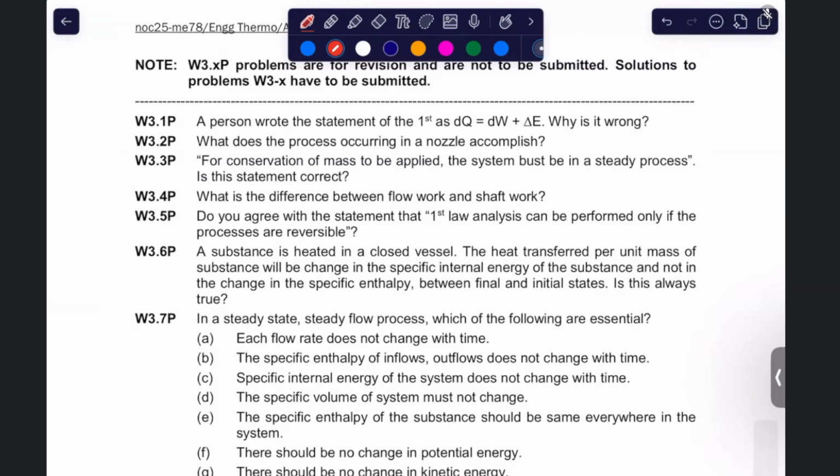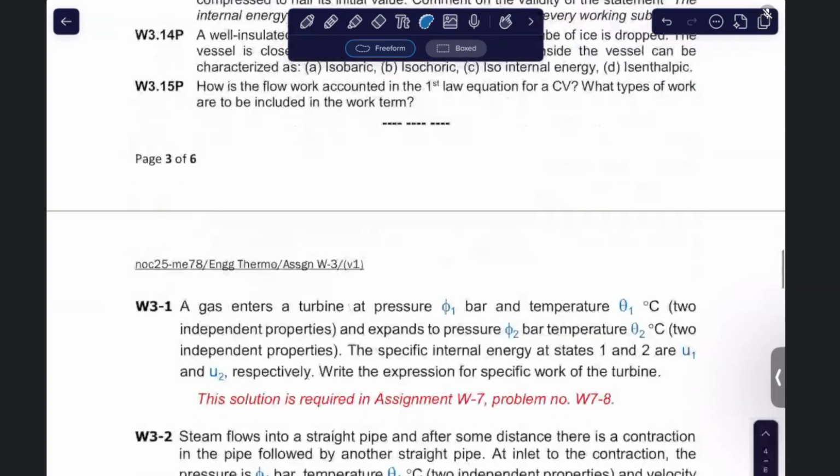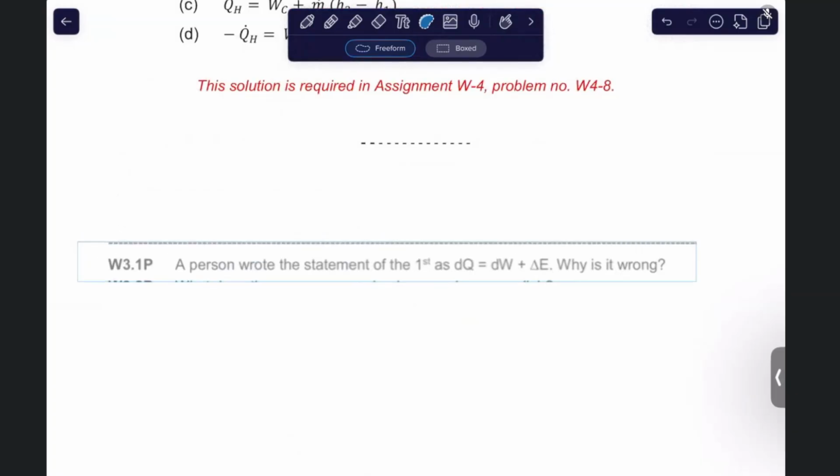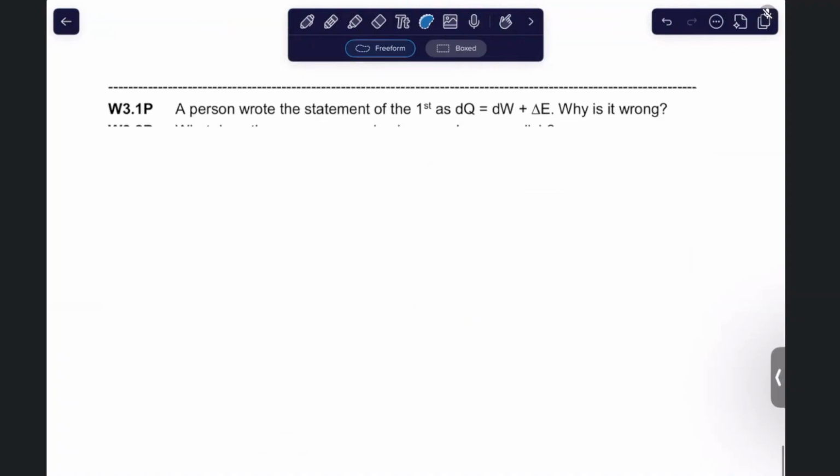Why is it wrong? Here, as we know, the most common method is by using sign convention, so you have to write this statement differently. I'll just copy this question and write it over here. So the answer should be: the correct form of the first law of thermodynamics is dQ minus dW equal to dE.